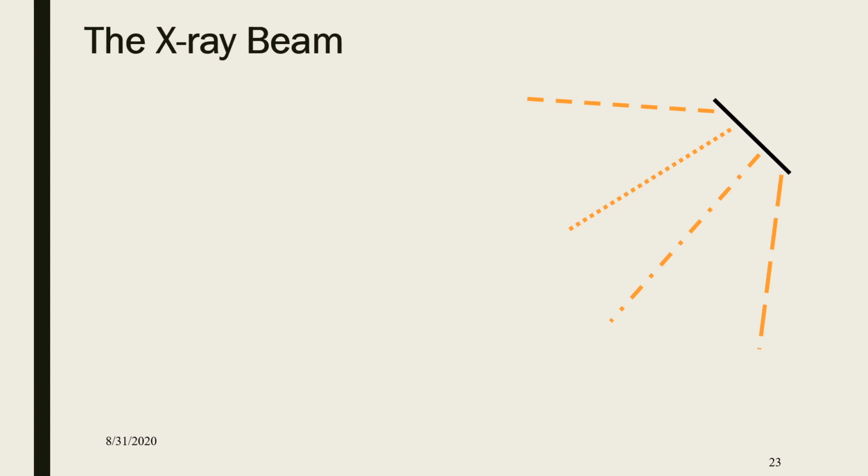Let's look at the X-ray beam and its characteristics at the focal spot. It is said to be polychromatic, meaning having many different wavelengths. There are soft wavelengths, which are longer, low-powered X-rays, and they are removed by placing a filter made of aluminum in the path of the X-ray beam.